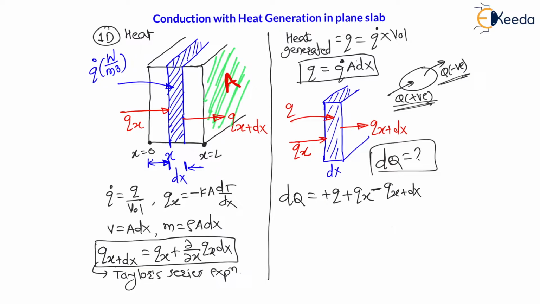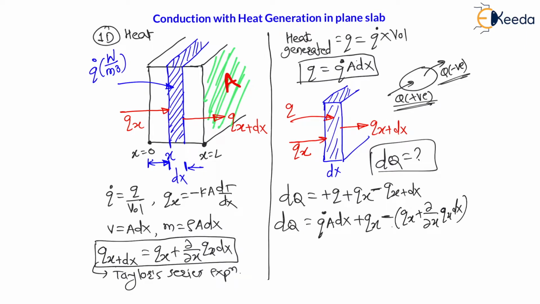So this dQ will be equal to the uniform heat generation, q dot A dx, plus Qx minus Qx plus dx, which as per Taylor series expansion is Qx plus dou x of Qx dx.